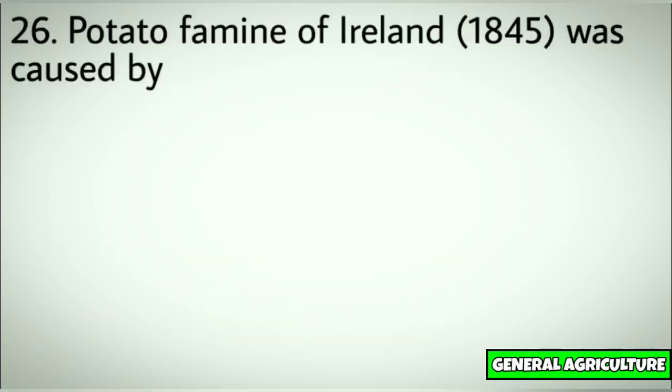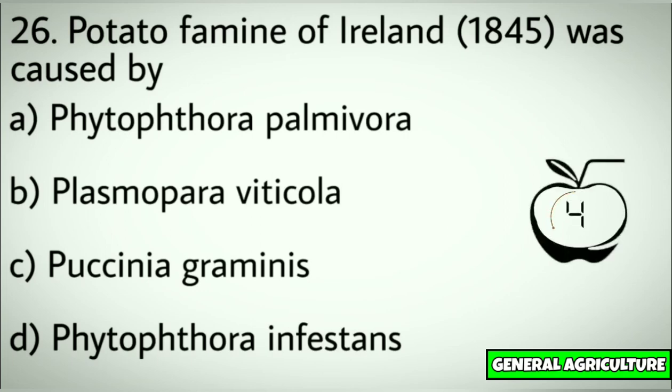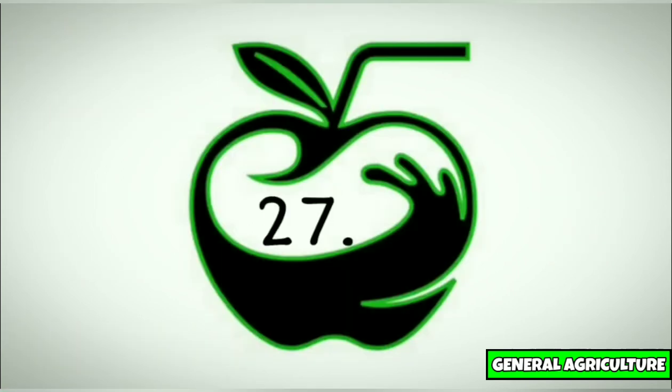Question number 26. Potato famine of Ireland was caused by. Options: A. Phytophthora palmivora, B. Plasmopara viticola, C. Puccinia graminis, D. Phytophthora infestans. Correct answer: D. Phytophthora infestans. Question number 27.